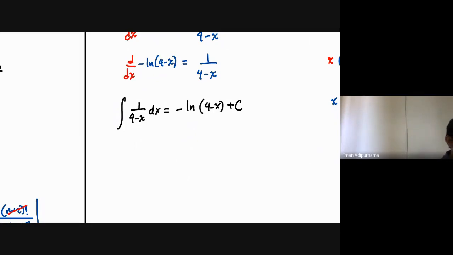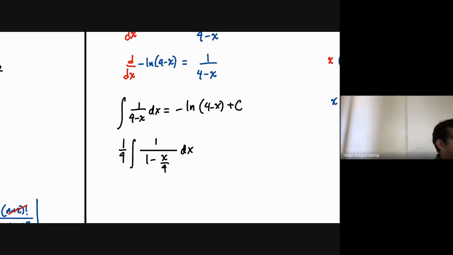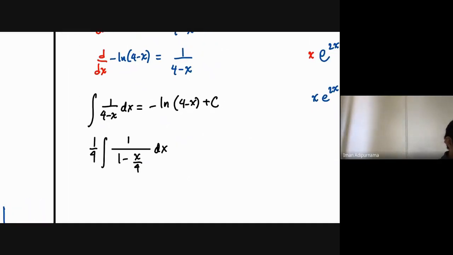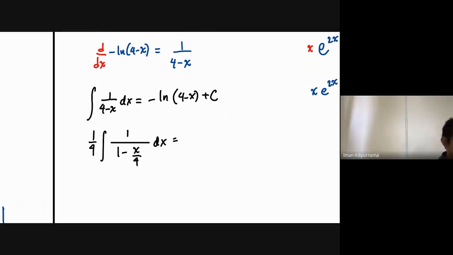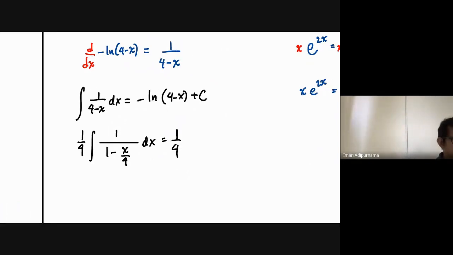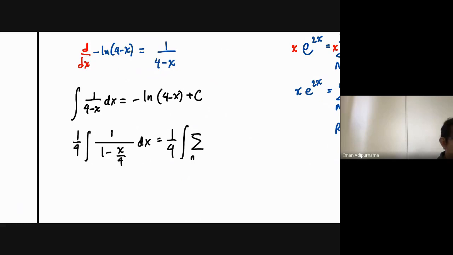And we can start to see this form like that. And now you have x over 4, okay? And still in the form of integration, you can write this and then integrate the series of this x over 4 to the power of n.